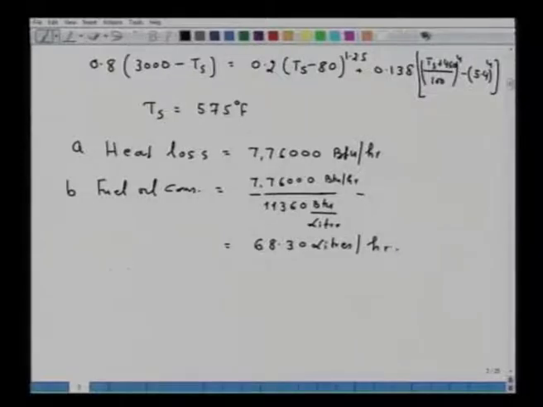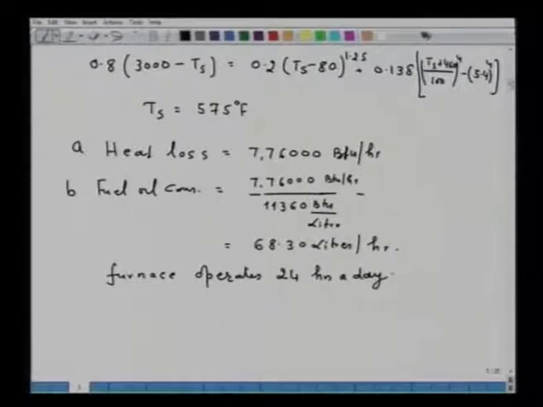So, if you assume that the furnace operates 24 hours a day, then the fuel oil consumption will be equal to 2049 liters per day.